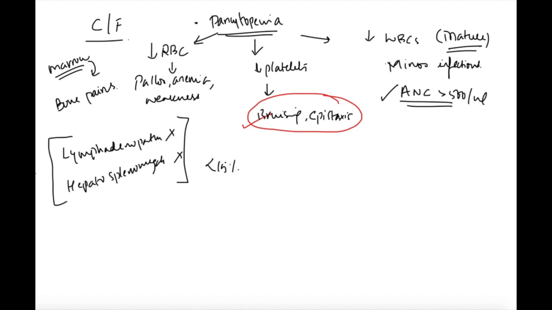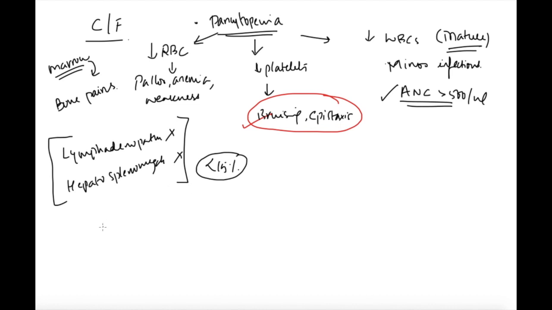So if we are studying AML, keeping in mind M2 type of AML as the standard. Okay. When you come to the other types like M3, M4 and M5 where the mature cells will increase, right? So then you can have features of splenomegaly, hepatomegaly, but it is seen in less than 15% of patients, okay?